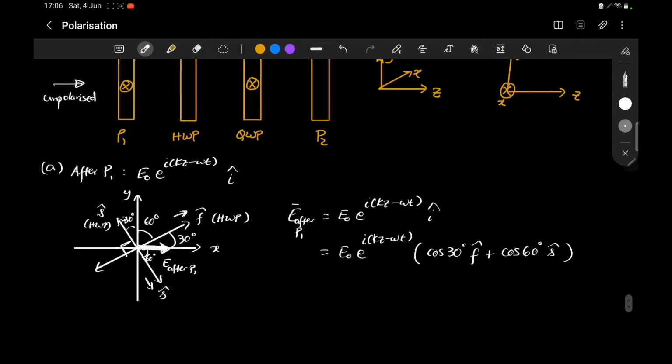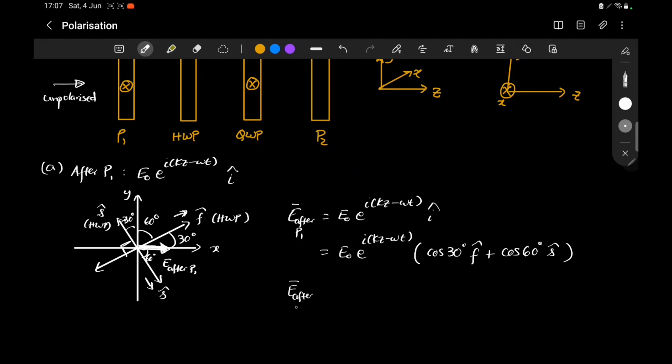So this is the electric field after P1. Now after the half wave plate, a phase difference of pi would be introduced between the F cap and the S cap components.